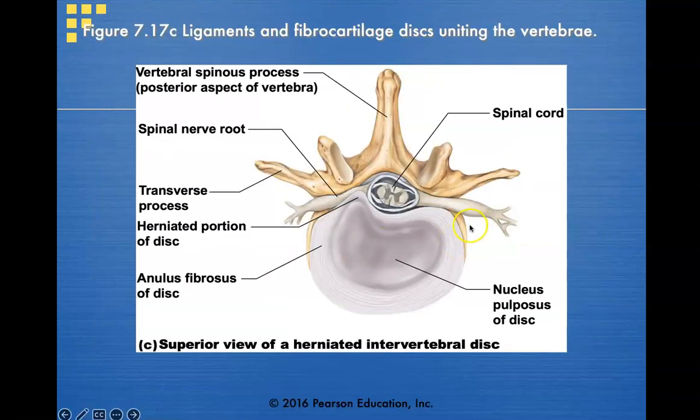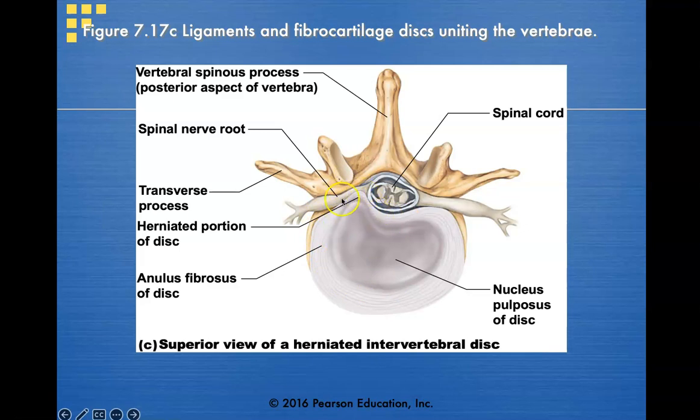You can see here, this is what's called a herniated disc. What happens is you end up getting protrusion of this nucleus pulposus, the squishy center of the disc, and it actually pushes out.